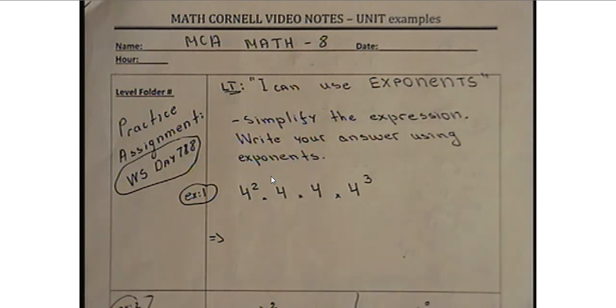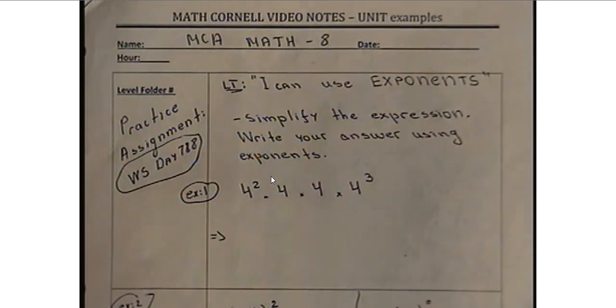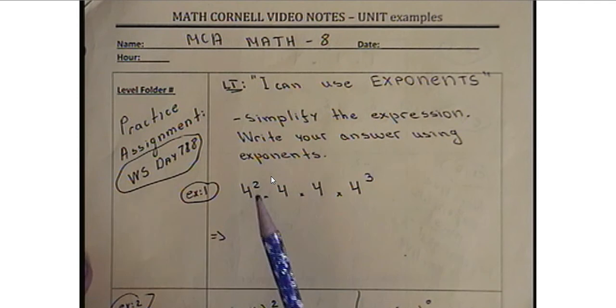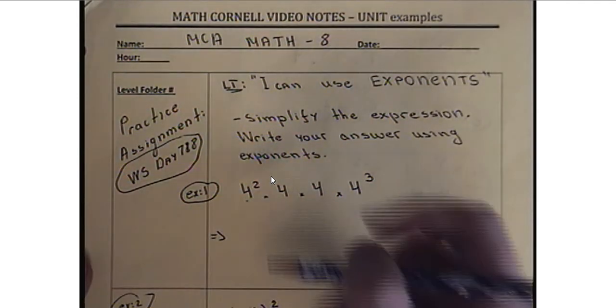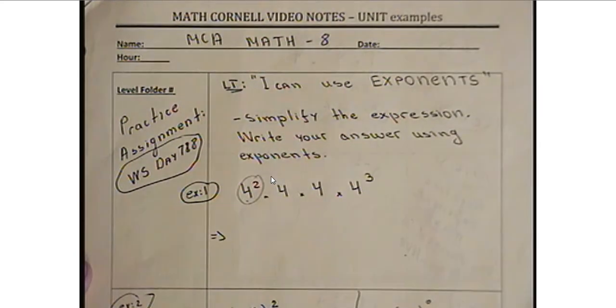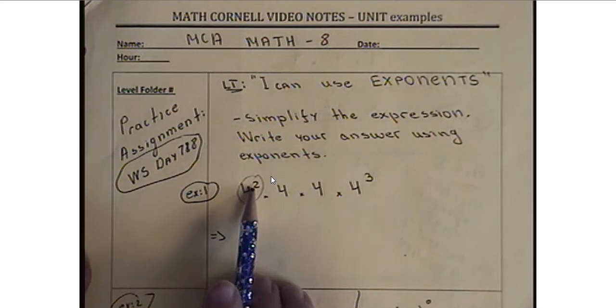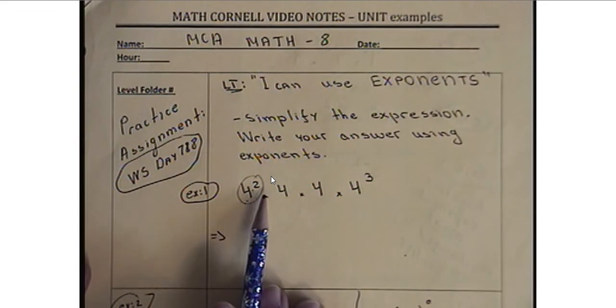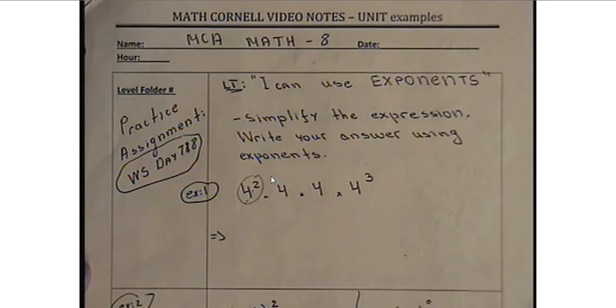Let's take a look and talk about what exponents are. You all know when we have given numbers, for example 4 to the second power, this whole thing is what we call power. But this little number here on the top is what we call exponent. Anytime you see a variable or number with an exponent, it means we're talking about powers, and we need to simplify if we can apply some rules.